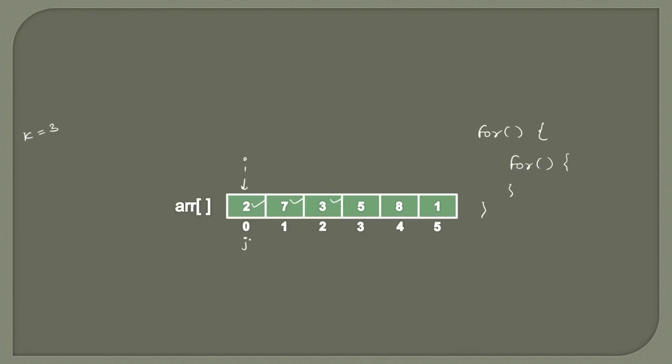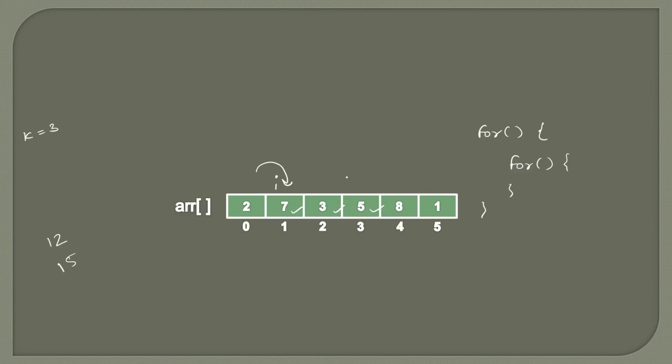So let's say j goes from 0 to 2 and does their sum. So we get a value of 12. Now after evaluating the first window, I will simply travel to this index and j will take the next 3 elements. So this, this and this. If we sum them, we get 15.